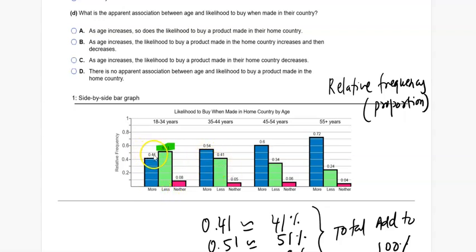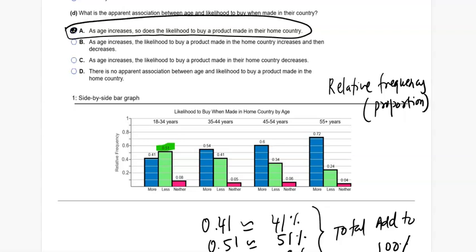See here, 0.41, 0.54, 0.60, 0.72. So if age increases, people are more willing to buy the product made in their country. The answer is A: as age increases, so does the likelihood to buy a product made in their home country.